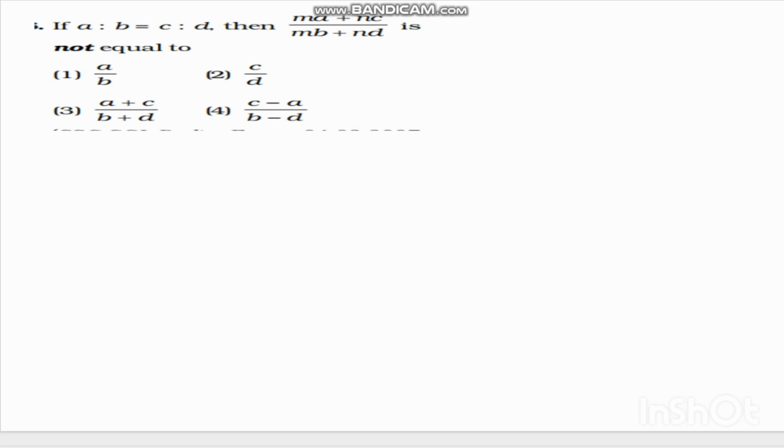Guys, listen carefully, this is another most important topic question and it was a tricky question. Just listen carefully. Given MA plus NC by MB plus ND.